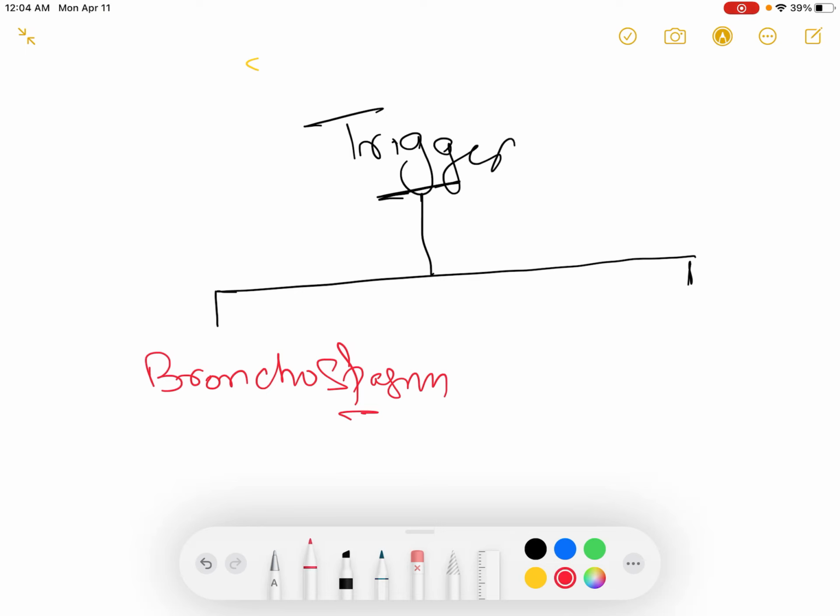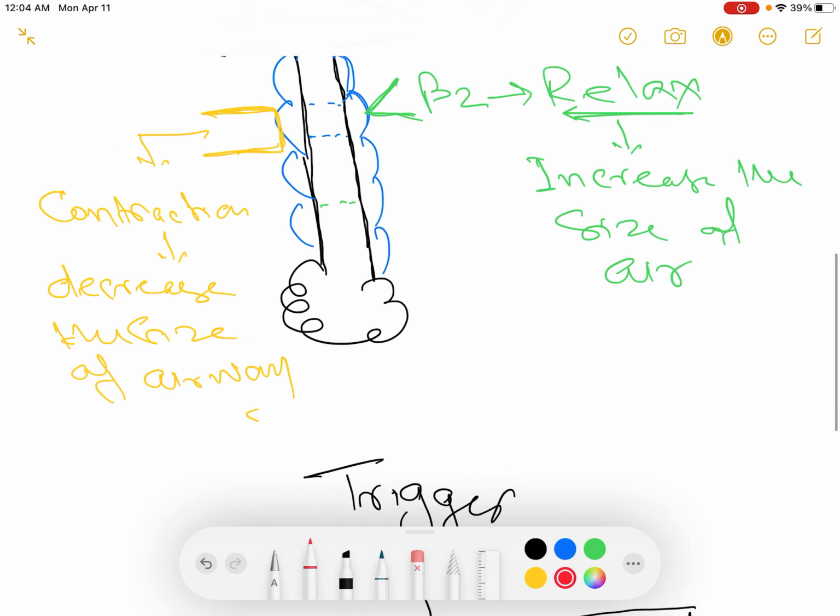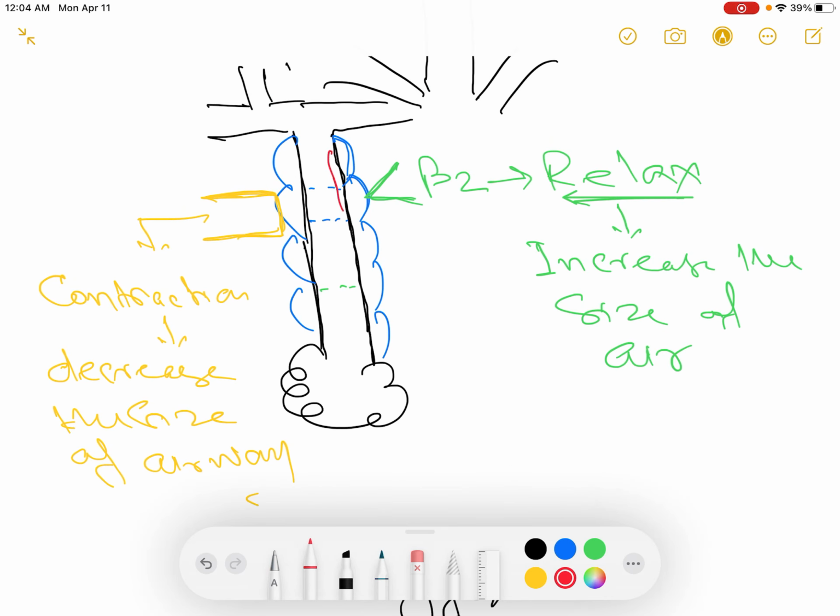So inflammation happens inside the airway. That's where your inflammation happens, and the bronchospasm happens because of the contraction of these smooth muscle cells. Basically, those triggers cause the contraction of these smooth muscle cells, and they also cause inflammation inside the small airway.